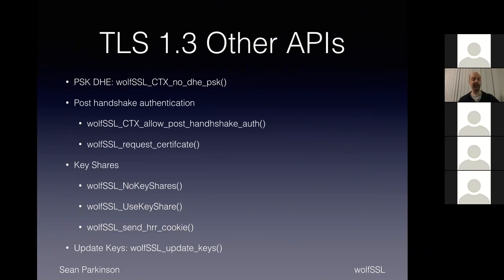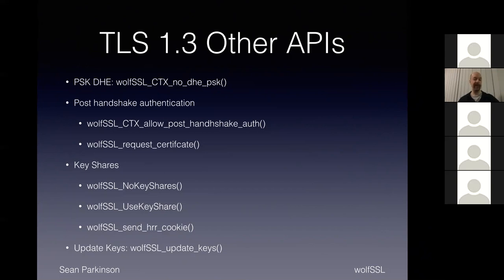By default, wolfSSL will send key shares for the algorithms that have been compiled in. So to save some time, it's best to specify the key share algorithms that you prefer.